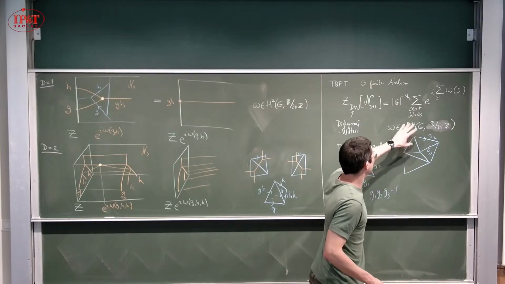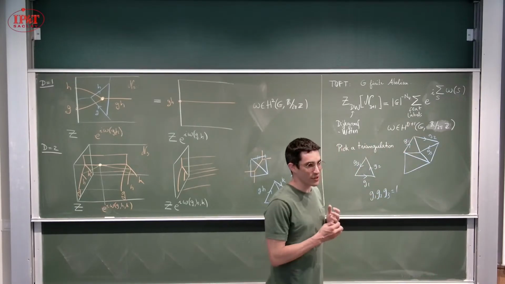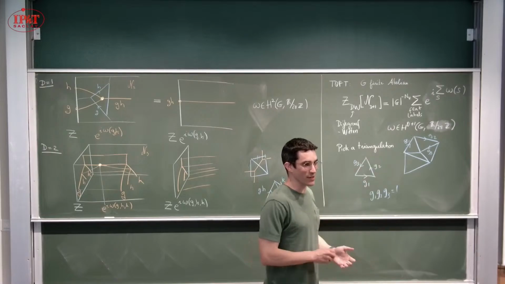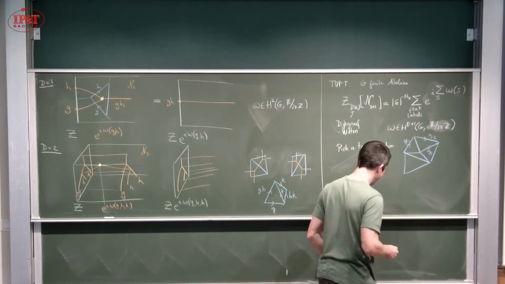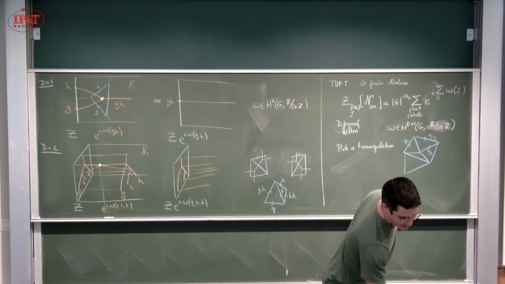But we have to sum over all the labelings if the topology is not trivial. Okay, at least now I see a phase.